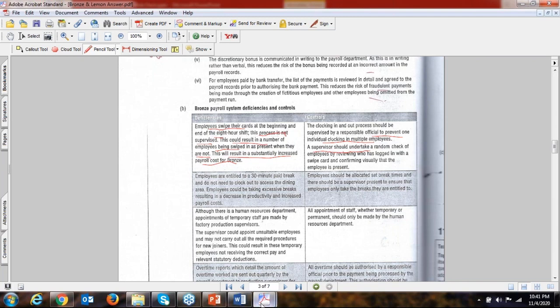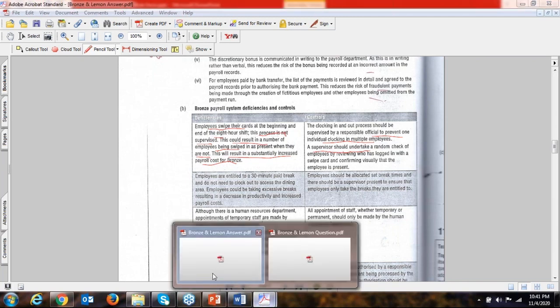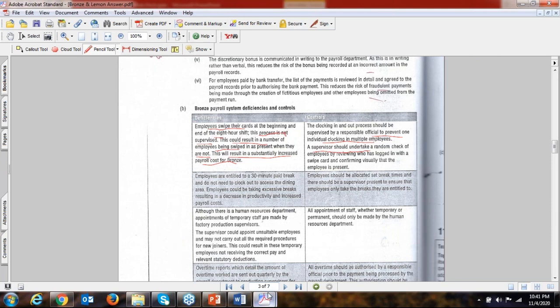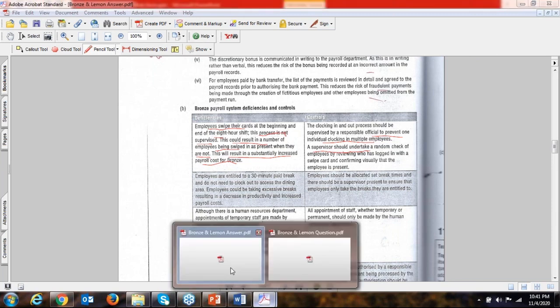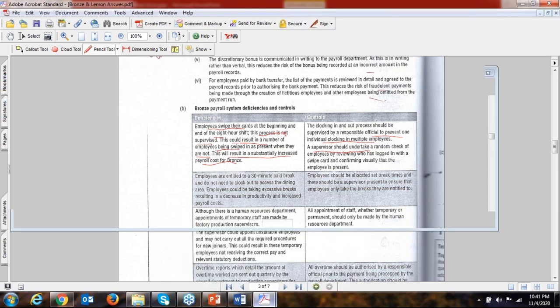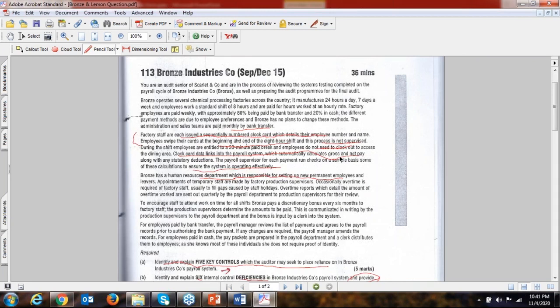Now come to the question again. This is the second deficiency which we highlighted during the reading of the question. During the shift, employees are entitled to a 30-minute break, and employees do not need to clock out to access the dining area.